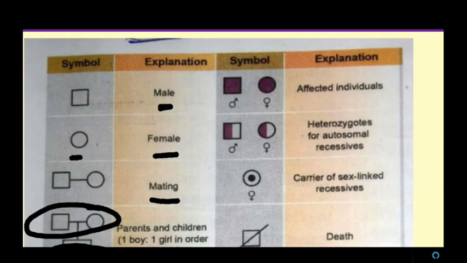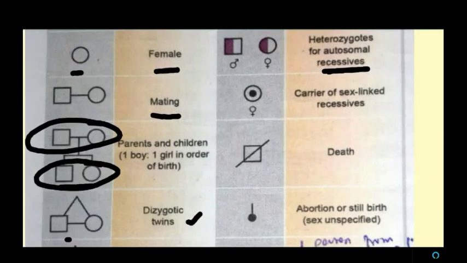And here, if the boxes are shaded, then we can say that they are affected individuals. That individual possesses that particular phenotypic character. If it is half filled, then they are heterozygotes for autosomal recessive. That means they possess a dominant as well as a recessive gene for that particular character. If it is given a circle with a dot, it is the carrier of the sex-linked recessive.